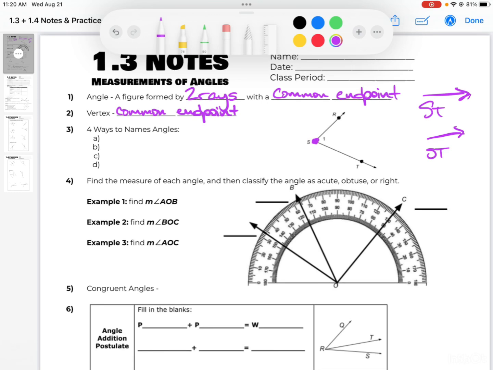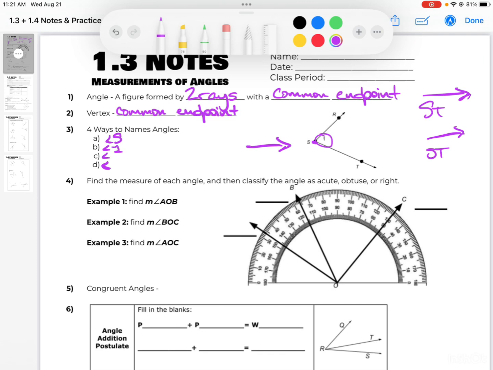And when you have this angle, like this example right here, there's a few ways you could name it. First thing is, all of them are going to have this little symbol in front. And that just means it is an angle. The first way you can name it is just by the vertex. Angle S. You could name it angle S. Another way is through... If you see, I'll erase here since I drew over it, there's a small number inside the angle. And sometimes when you get an image, it'll say angle 2, angle 4, angle 3, whatever.